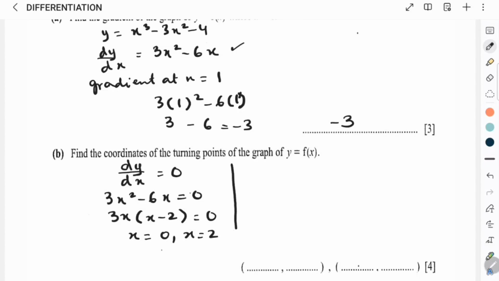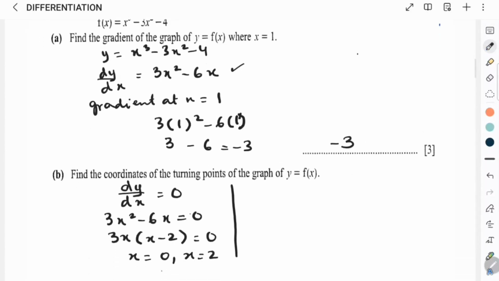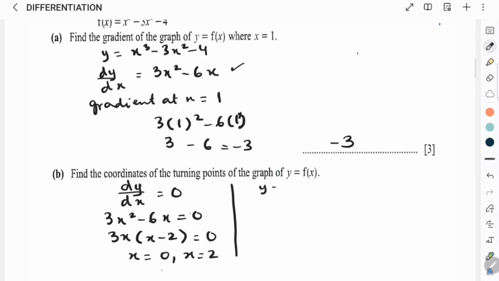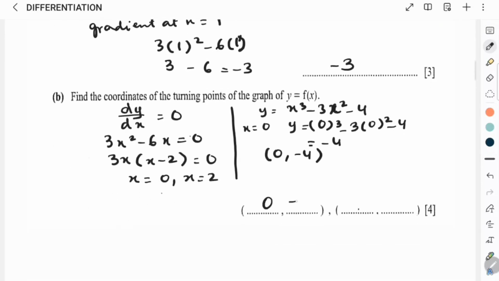Now we are going to put the values of x always in the original equation. Your original equation is y equals x cubed minus 3x squared minus 4. Put the value of x one by one. x equals 0: y equals 0 cubed minus 3(0 squared) minus 4, and you will get only minus 4. So (0, minus 4) is one of the turning points.